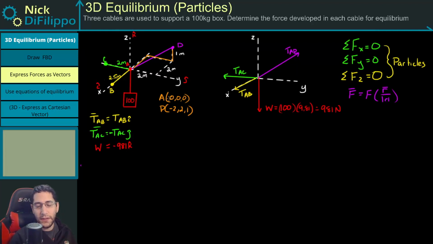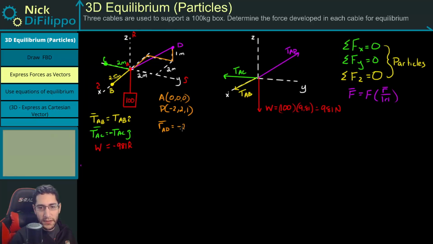The position vector is going to be the position vector from A to D, and the magnitude is going to be whatever that magnitude is. So let's figure out what this position vector A to D is equal to. We're going to start at the tail of the arrow, and we are going to go to the head of the arrow.